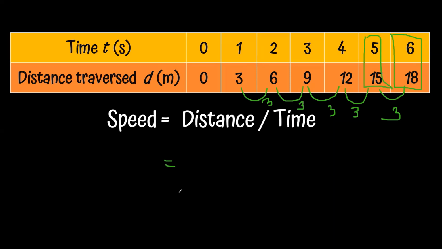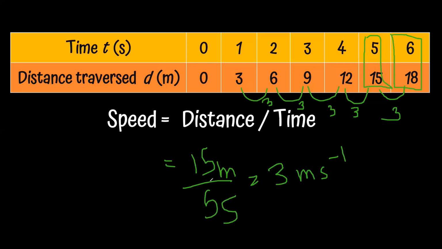If we take 15 as the distance and time as 5, the unit of distance is meters and the unit of time is seconds. By dividing them, we get the answer as 3 ms minus 1, or 3 meters per second. And these kind of speeds can be named as uniform speeds.